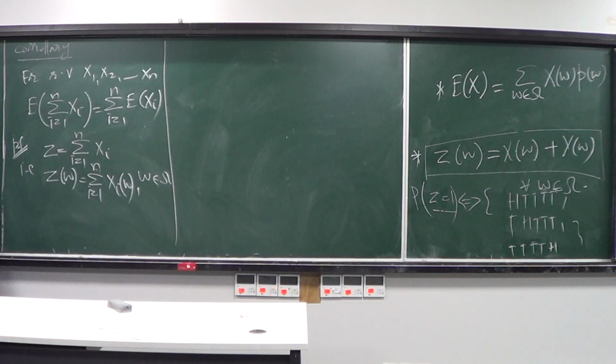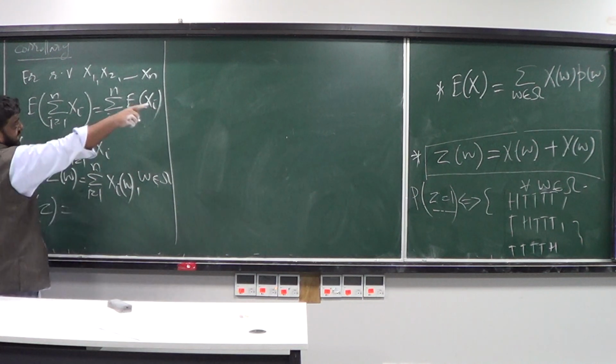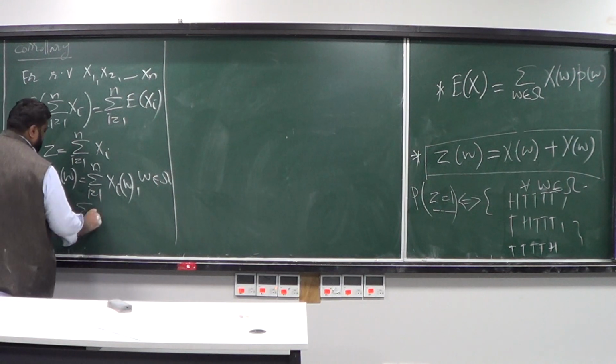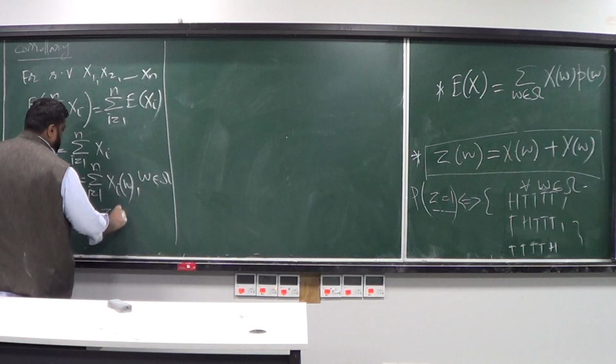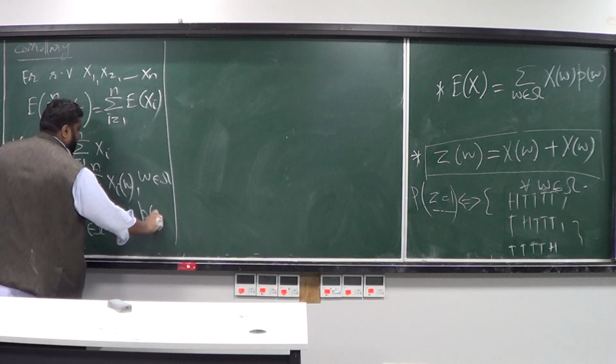Now let's compute. I just want to compute the expectation of Z. Now what is the expectation of Z by the theorem? This means that I have the sum over omega in Omega of Z of omega multiplied by the P of omega.